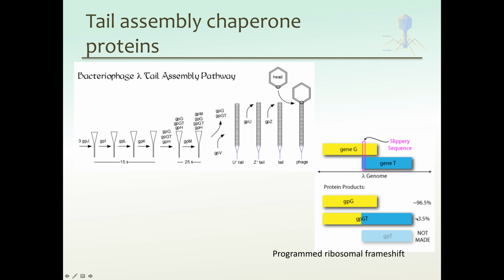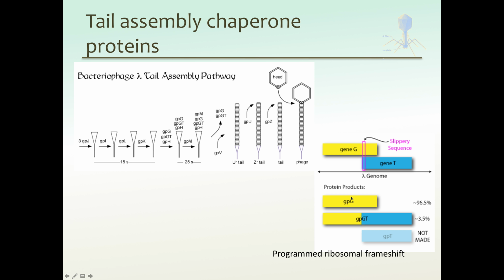And so this larger protein is made only 3.5% of the time. This programmed ribosomal frameshift allows the virus to make two different protein products that, lo and behold, interact at the C-terminus where the proteins are the same. And it also produces the perfect ratio of GpG and GpGT for the function of the tail assembly chaperone proteins.